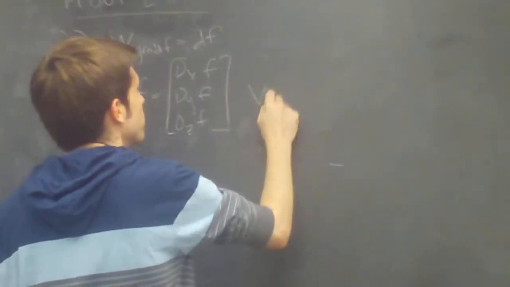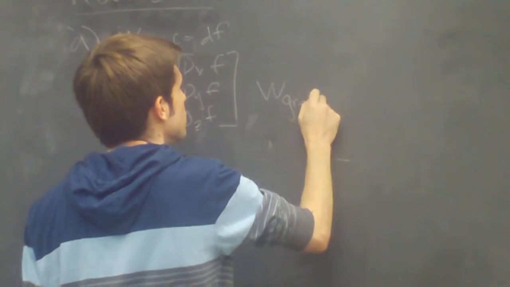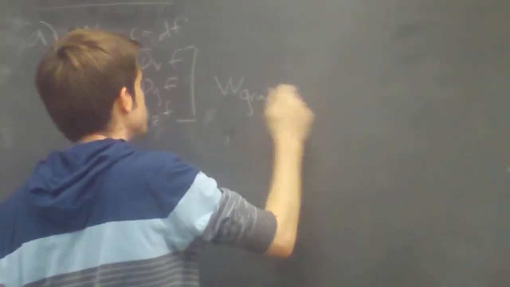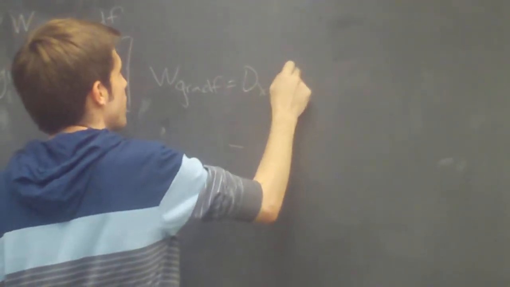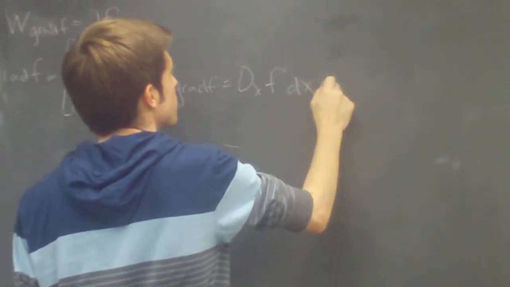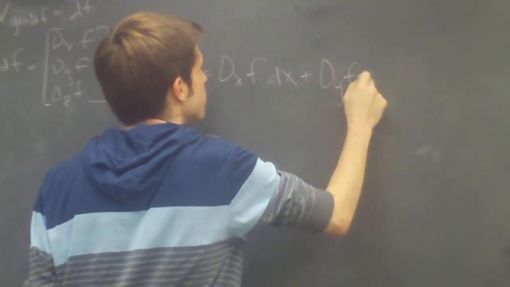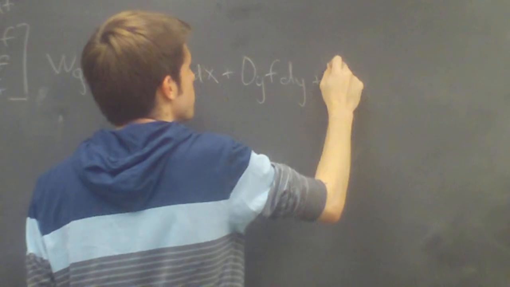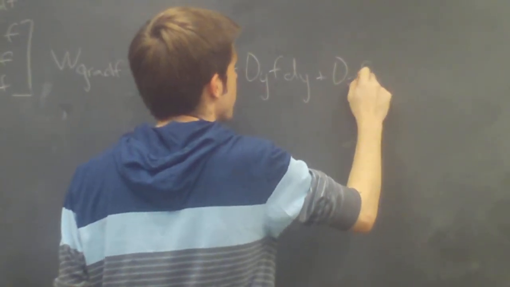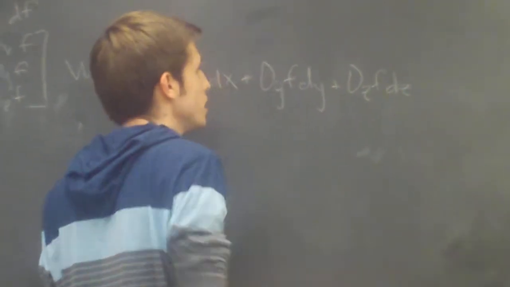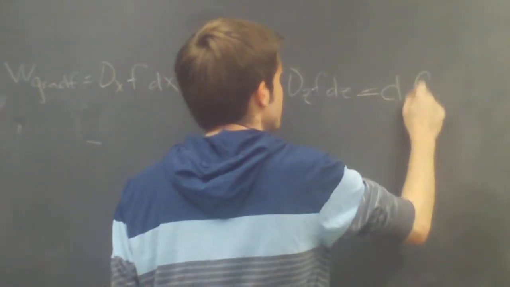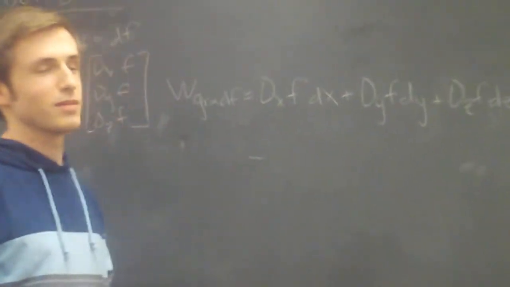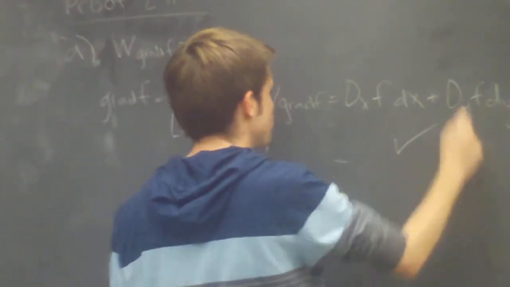So the work form of the gradient of f is equal to the derivative with respect to x of f dx plus the derivative with respect to y of f dy plus the derivative with respect to z of f dz, which we know is equal to d of f.